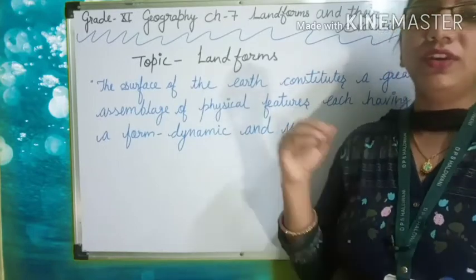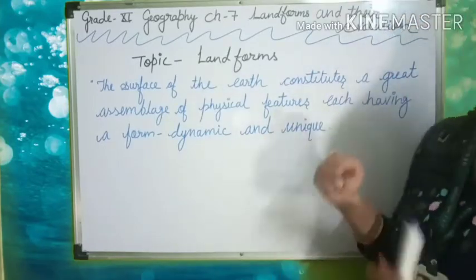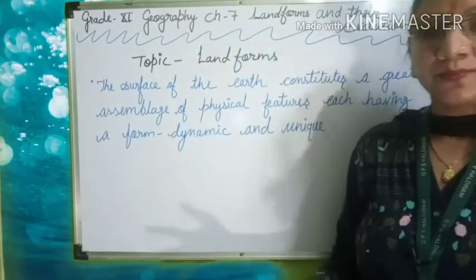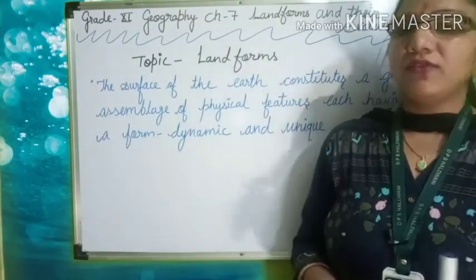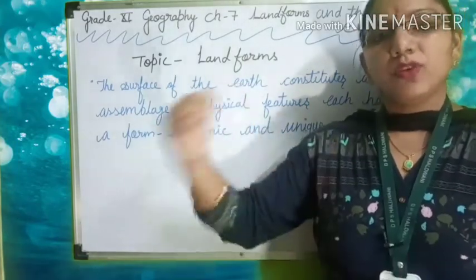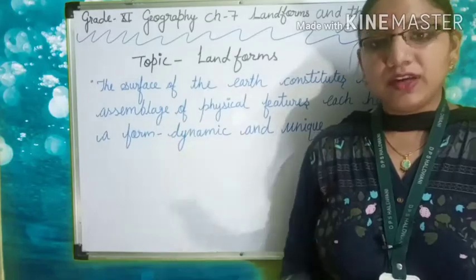So students, we can also say that landforms, when formed, may change in their shapes. That means once those landforms are prepared, they can be modified by some weathering activities.